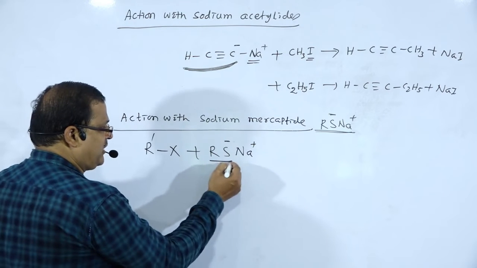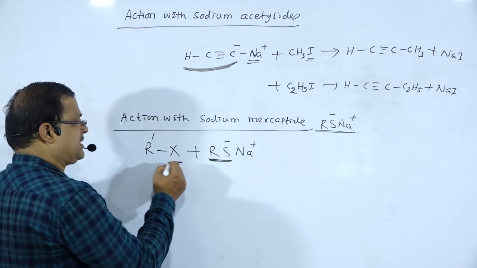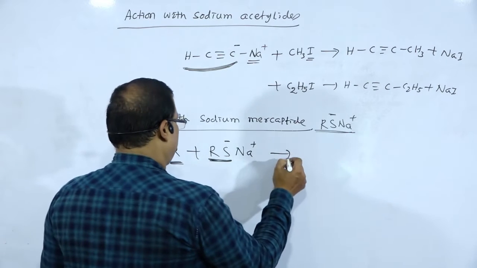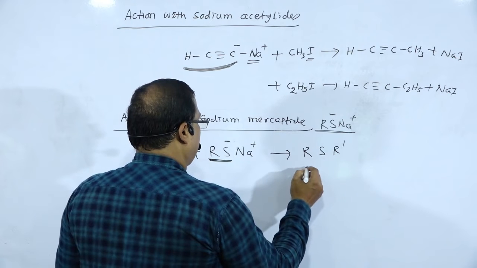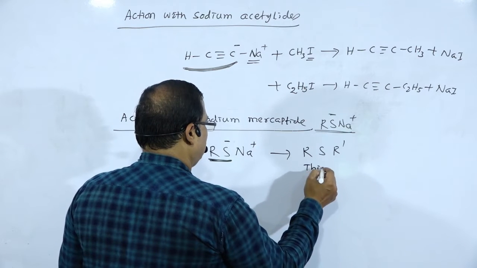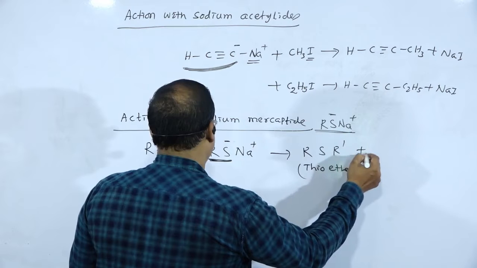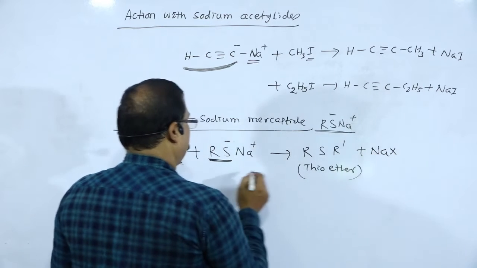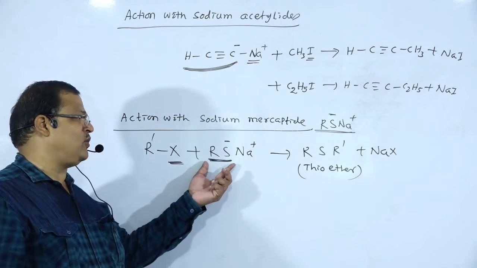This is your nucleophile. The nucleophile will substitute the X part. So the product will be RSR', thioether, plus NaX. In this case, RS minus acts as the nucleophile.